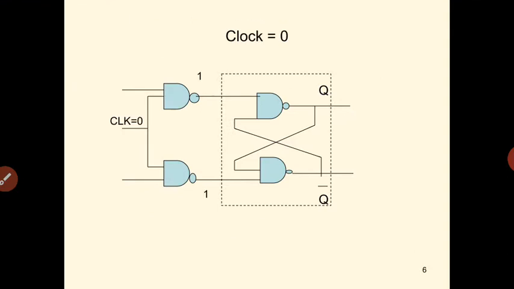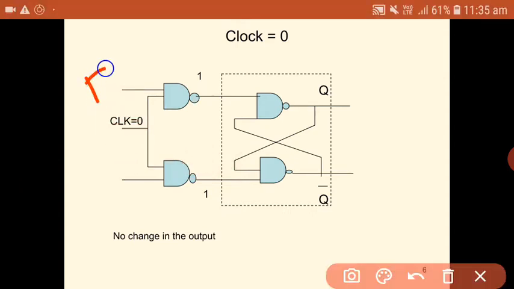Next we will see what happens to the output whenever clock is equal to 0. There is no change in the output, because whenever clock is equal to 0, irrespective of the other inputs, R and S, the outputs of the first and second AND gates will be equal to 1 only. So whenever 1 is available, there is no change in the output.